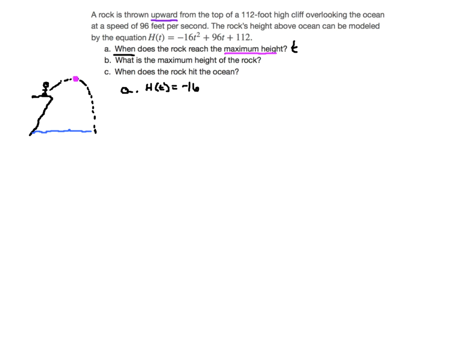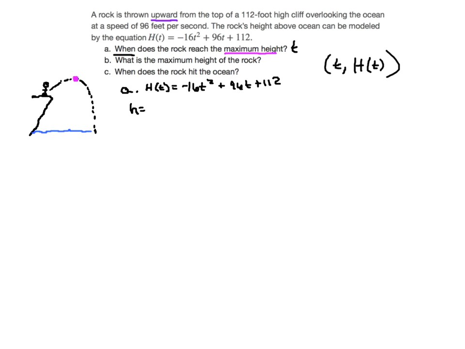I have h of t equals negative 16t squared plus 96t plus 112. Every point generated by this function comes in the form t, h of t, so I just need the x-coordinate of my vertex.